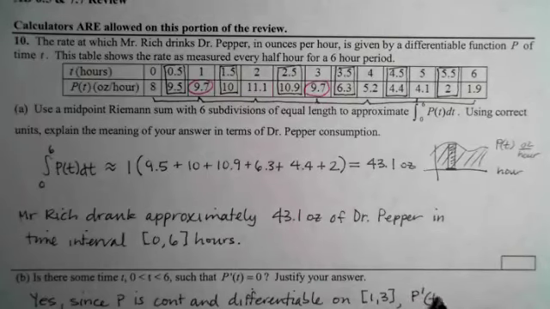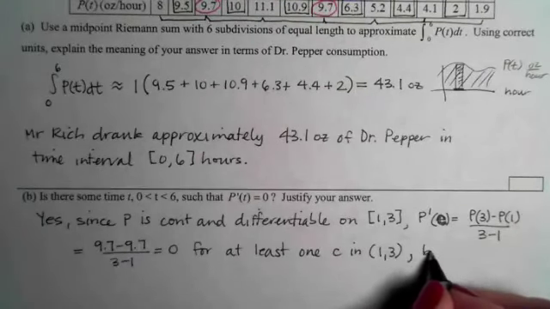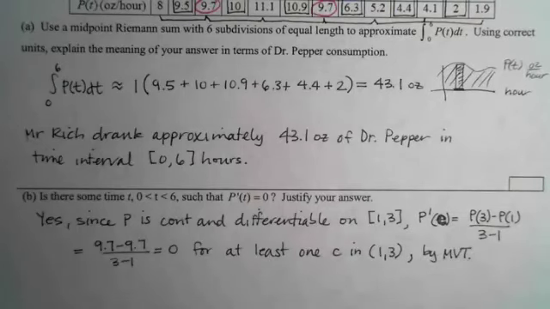P prime of C must equal P of 3 minus P of 1 over 3 minus 1, which is the same as 9.7 minus 9.7 over 3 minus 1, which is 0. And actually, let me put a C here, for at least 1 C in the open interval from 1 to 3. And I guess we could say by the MVT. We might want to refer to the theorem.